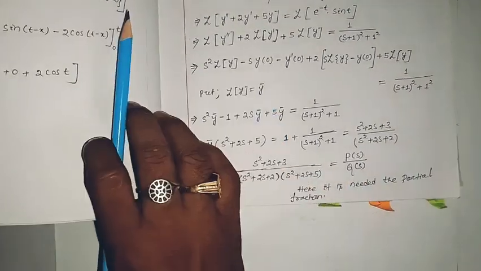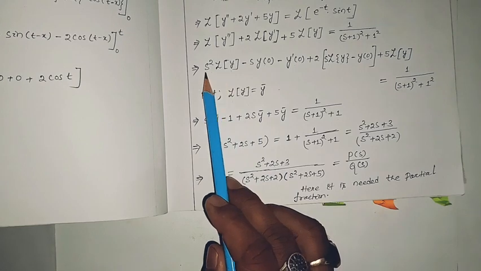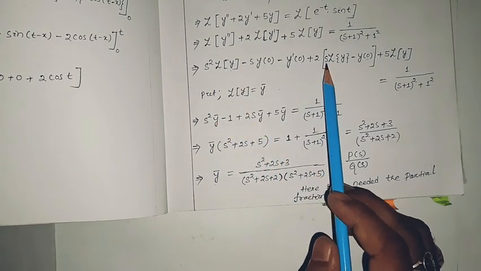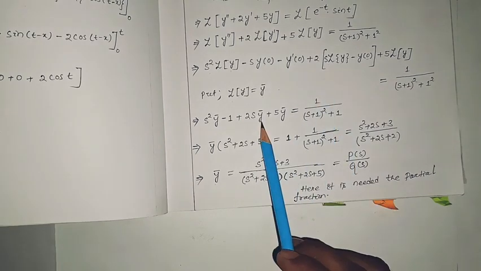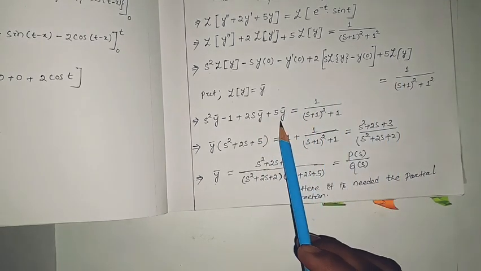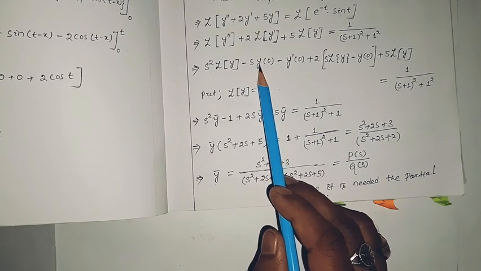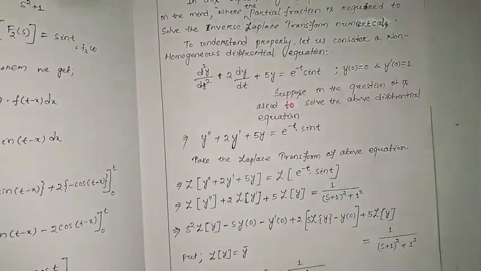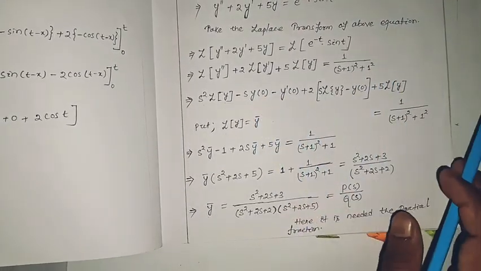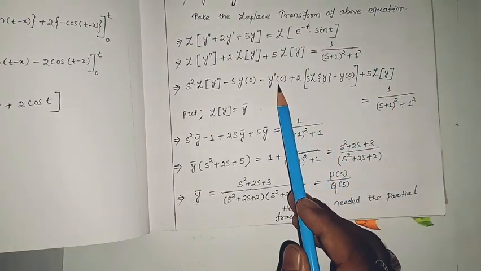And if we consider the Laplace transform of y as y bar, here you can put s square y bar, here 2s y bar, then 5 y bar. Here minus s y(0), given as 0, so this term will be cancelled out. y dash (0) is 1, so this value will be 1.